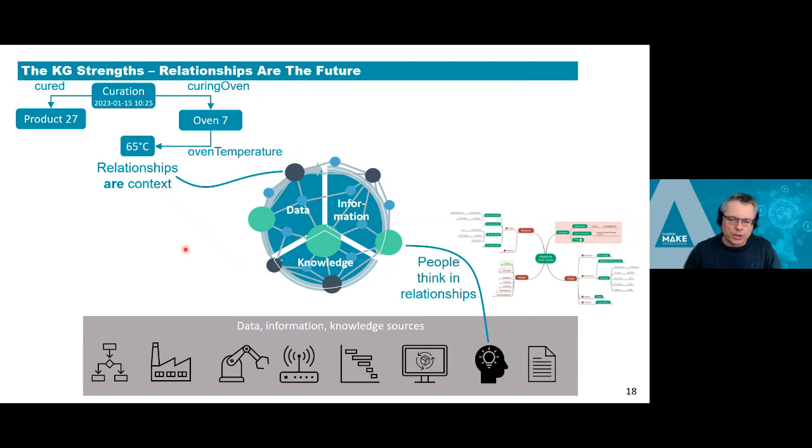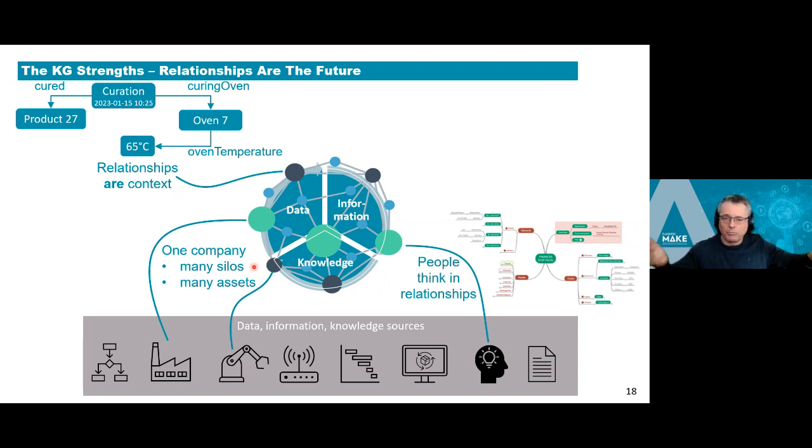On the other hand, relationships are important because people think in relationships, and that's also why mind maps work so well. It associates, it relates different aspects of what you were thinking about. And the same goes for your company. In your company, you obviously have many silos, like for instance the finance department, the engineering department, after sales, and things like that.